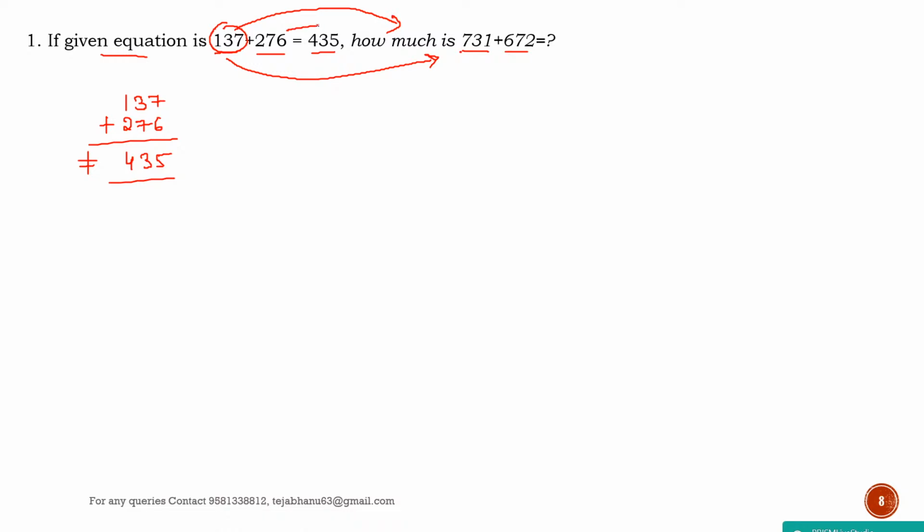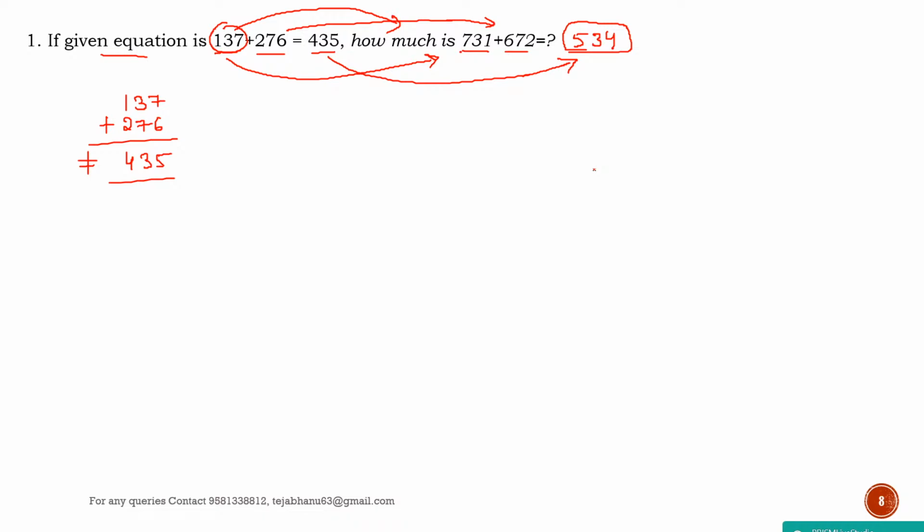Now 276, if you reverse it, you will get 672. Now, the answer will be logical, that is the reverse of this, 534, is the answer for this question.